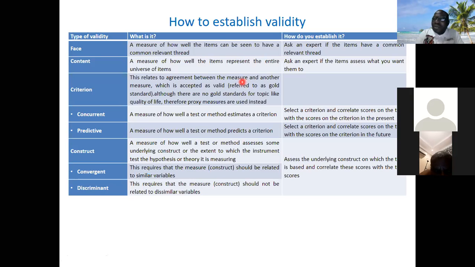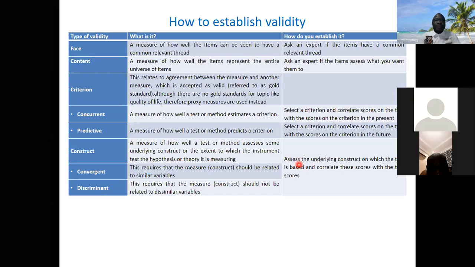Then for content, when you look at the objective and the scope of the study, has the instrument covered all of it? Because it's possible that there is face validity, all the items are related to the field, but it may not cover all. That is what content validity will do.